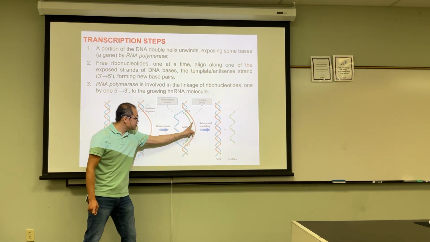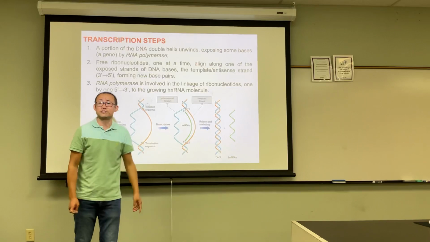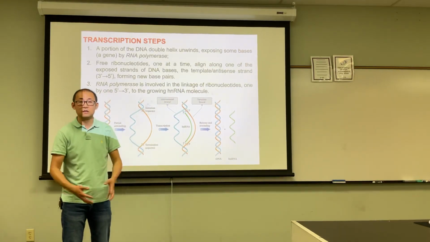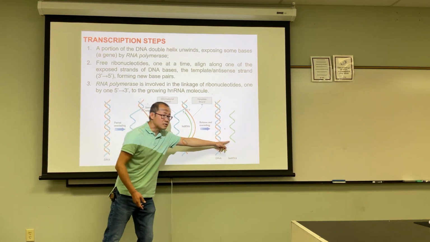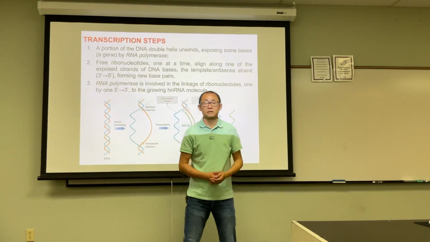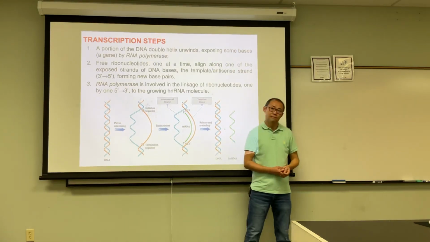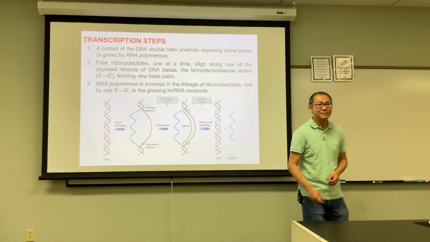This strand is called the template strand. This strand is called the informational strand. Why informational? Because it has the information. And finally, the product RNA is called hnRNA, heterogeneous nuclear RNA, which is the initial product of transcription. Does it make sense, guys?